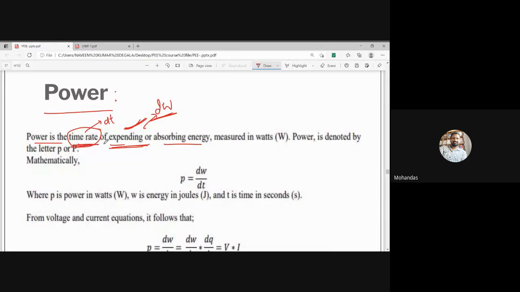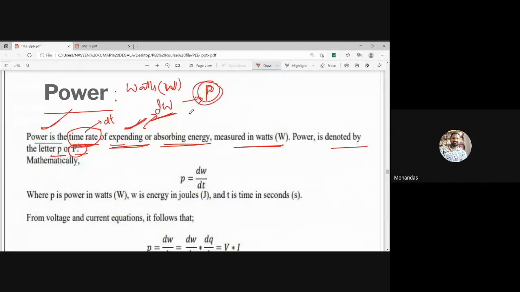So the time rate of expending or absorbing energy is known as power, and it is measured in watts. Our unit is watts, W, and it is denoted by the letter P.